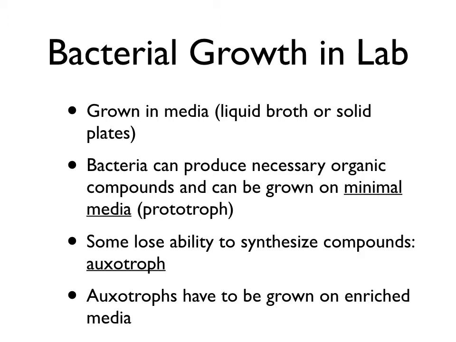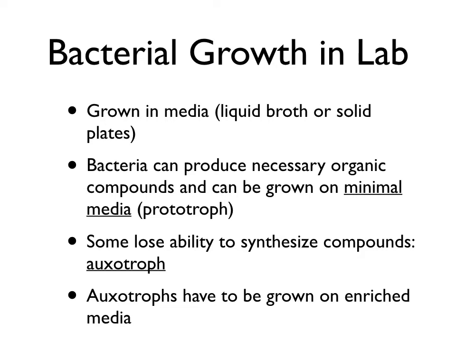All right, so within the lab, bacteria can be grown in a number of ways, but primarily they are grown in either liquid broth or on solid plates. So the material that's in that liquid or in that solid gel-like material is full of the nutrients that bacteria require. Now, bacteria produce most of the necessary organic compounds that they utilize, such as amino acids, okay?